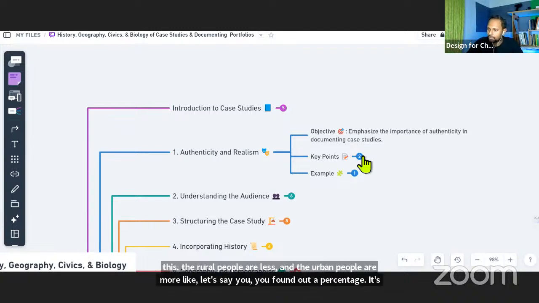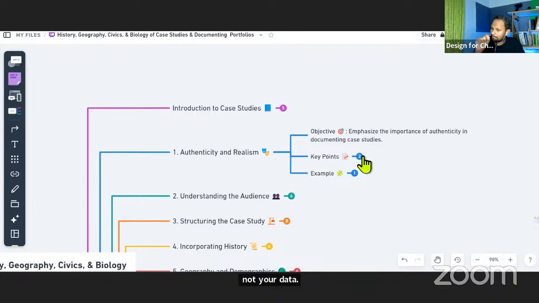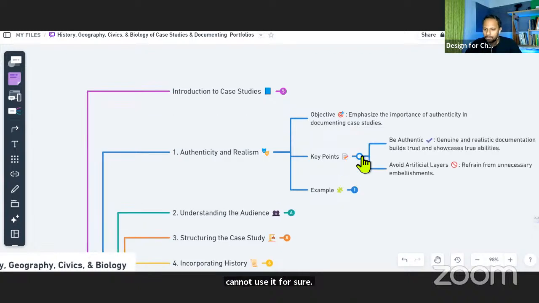It's data by WHO, right? So you don't have to write it in the project itself, but on the third page you write, in this paragraph, I've used the data from the WHO, and link the hyperlink for that particular website. That's called credits. And make sure that the data is publicly usable. If it's copyright protected, you cannot use it for sure, because somebody else has bought it, right? So you need to understand this.